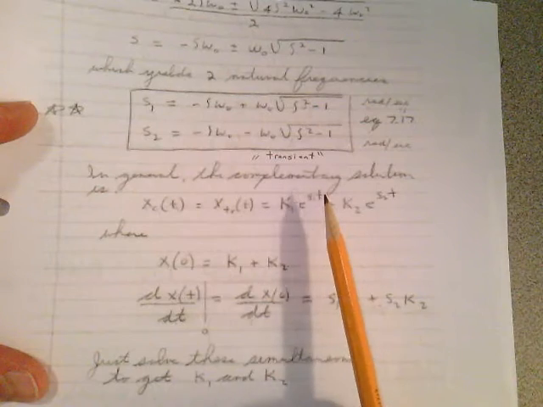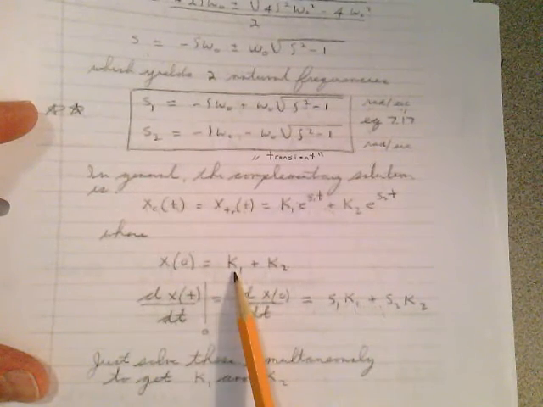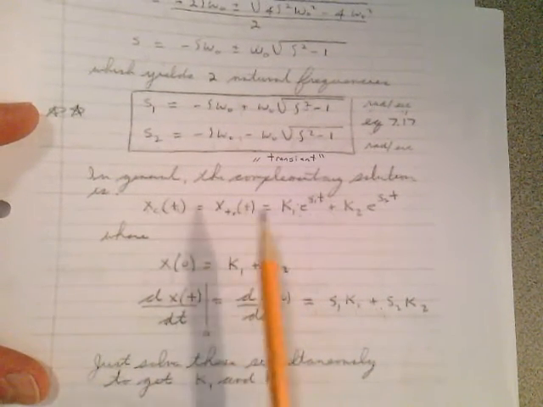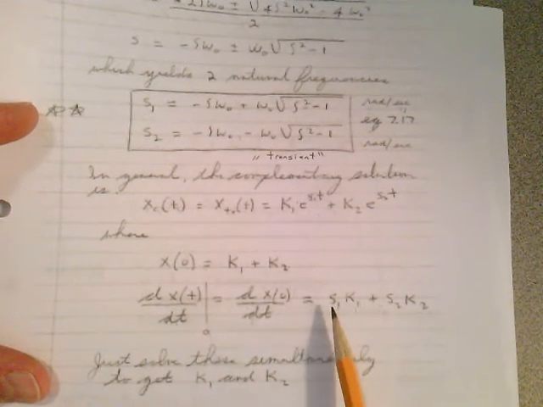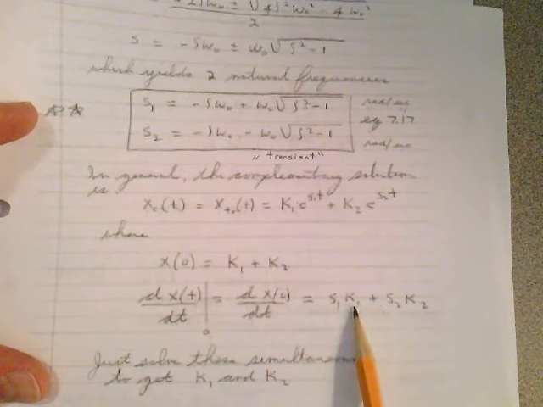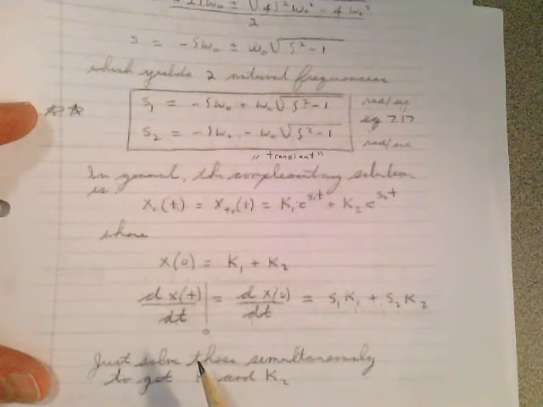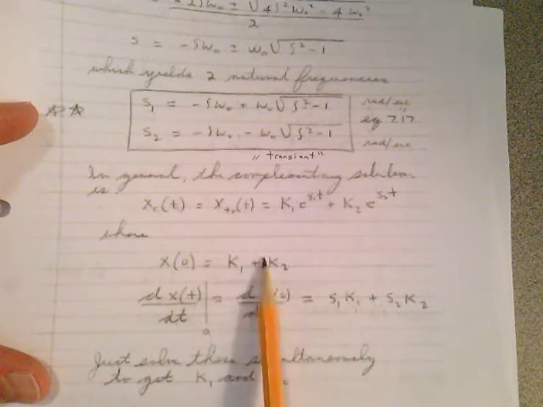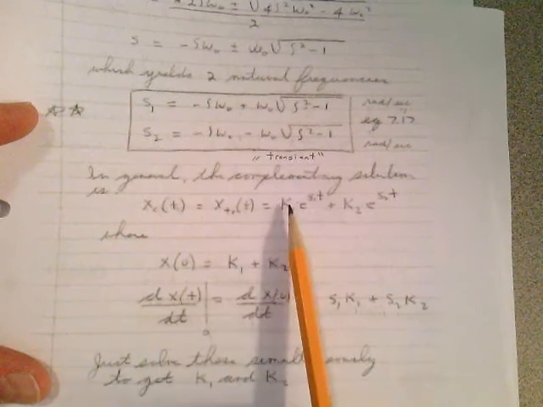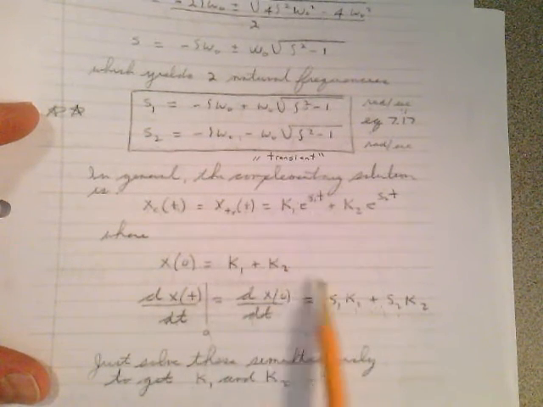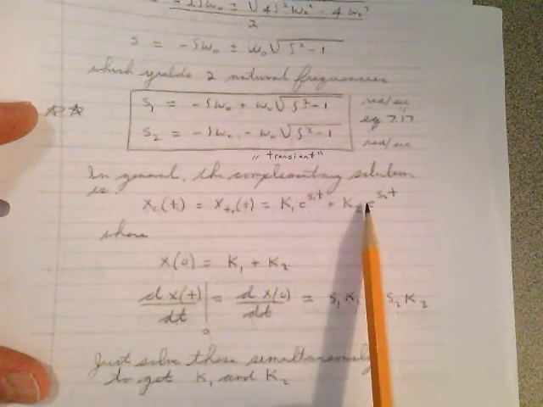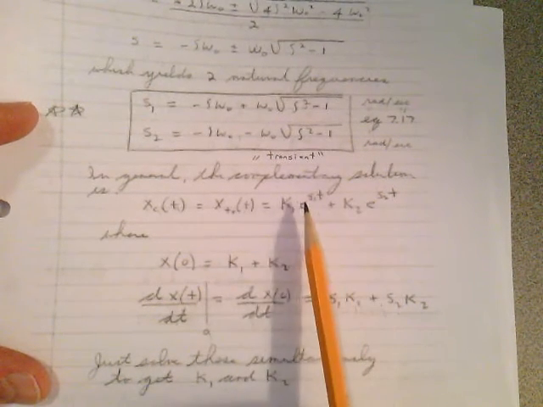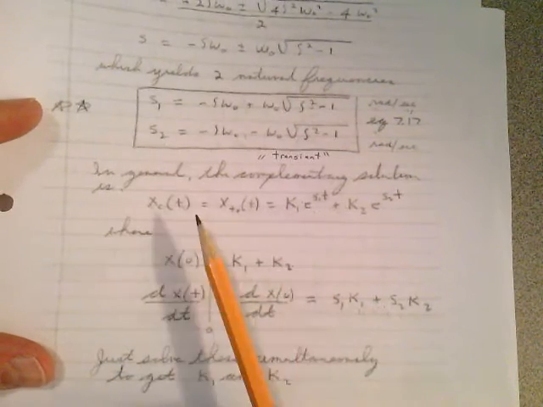If you evaluate this at t equals 0, you get K1 plus K2, and if you take the derivative of this expression and evaluate it at t equals 0, you get S1 times K1 plus S2 times K2. You evaluate these simultaneously to get K1 and K2, and you have your complete solution that you can evaluate at any time for the voltage or current in a circuit.